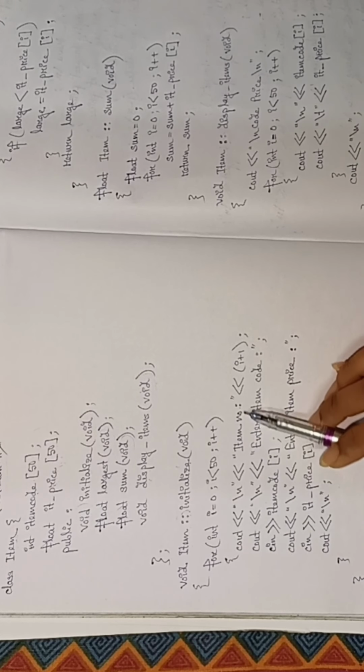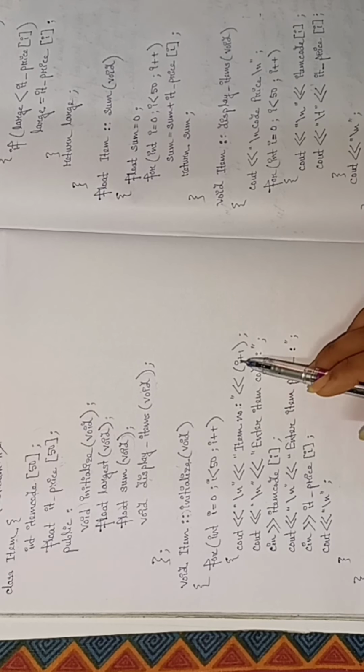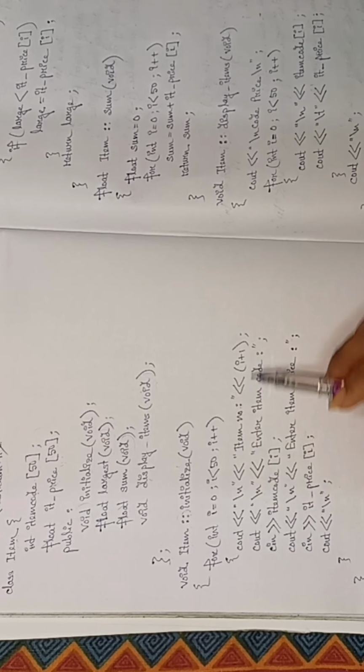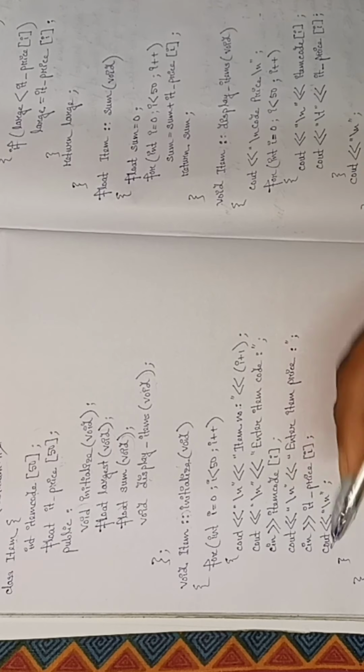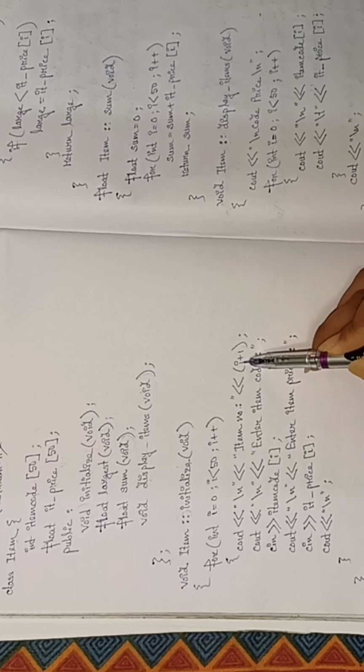Cout item number, then i plus 1. Here i is considered 0 because array index always starts from 0, that I have already told you. So item number 0 is not an appropriate thing. In order to display item number 1, we have used i plus 1.